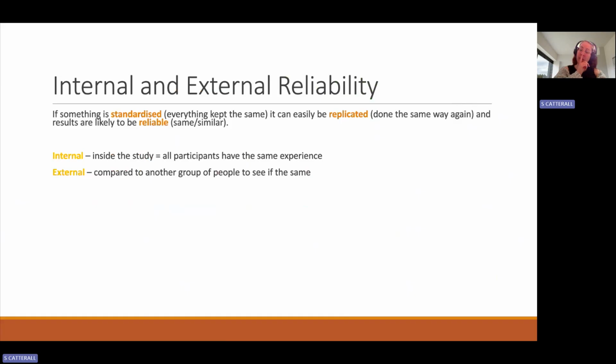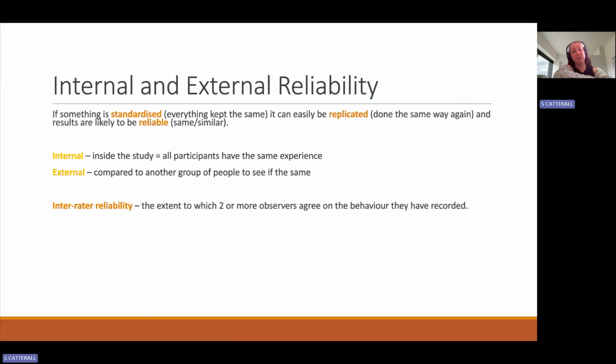Or in fact, it might have said they test the same group of people twice. I don't really know why they needed to do it twice, but it is external reliability because you see inconsistencies. But if you're doing it twice, you're going to be doing internal reliability because you've done it on the same group of people. If it's on a different group of people, it becomes external reliability. So I don't know if that might have been a mistake on the mark scheme.